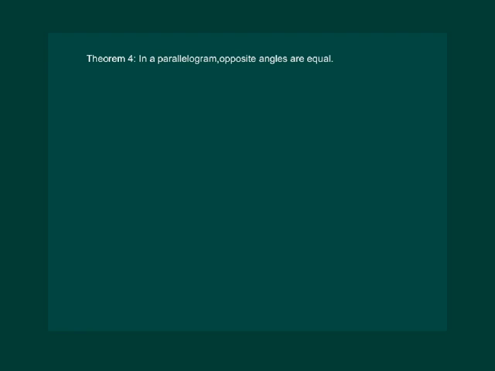Our next theorem is the implication of theorem 3. Theorem 4 says, in a parallelogram, opposite angles are equal. Let us see how. We have again and again proved that triangle ABC is congruent to triangle CDA if ABCD is a parallelogram.